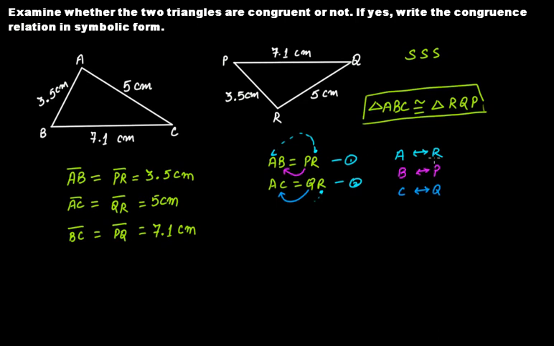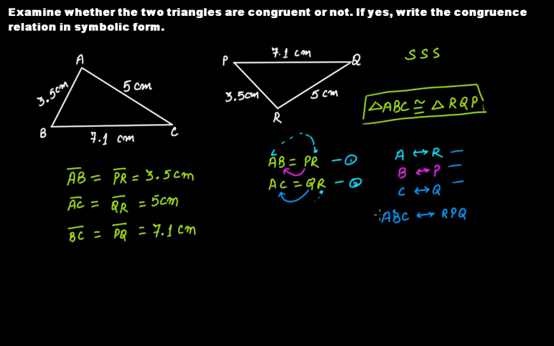This vertex R will fall on A, this vertex P will fall on B, and this vertex Q will fall on C. From these three, we can say that the congruence relation is ABC, and write this order, RPQ. It tells us that R falls on A, P falls on B, Q falls on C when you take this triangle, rotate it, and put it over this one.